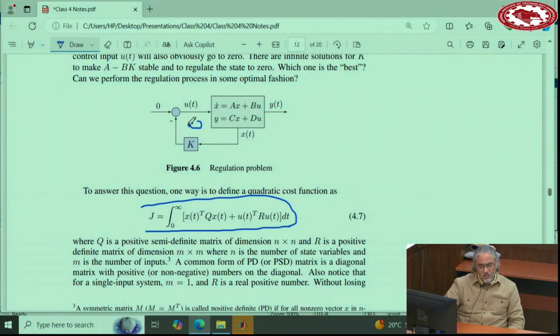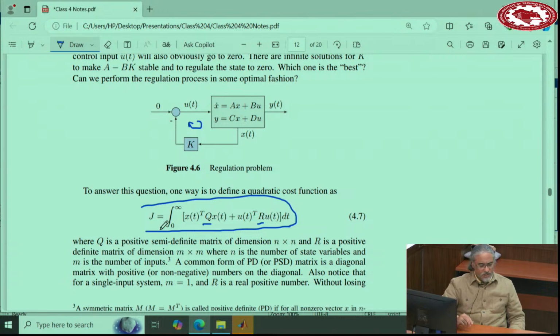Now, if you can solve this problem and find k, we should be very happy with that. And then this Q and R, these are the weight matrices, weight factors. R should be positive definite if it's a matrix. If it's a scalar, it should be positive. Q should be positive semi-definite, meaning that it doesn't have to be full rank, but it should be positive.